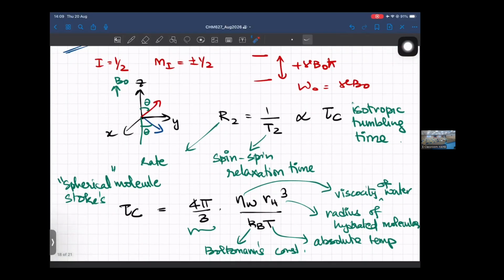Tau C is defined only along the principal axis of symmetry, meaning you would have defined a Cn for it. Along the Cn, you would get the tau C measurement. But for an asymmetric molecule, like a cylinder, you have two axes of rotation, one along the axis of the cylinder, one perpendicular to it.